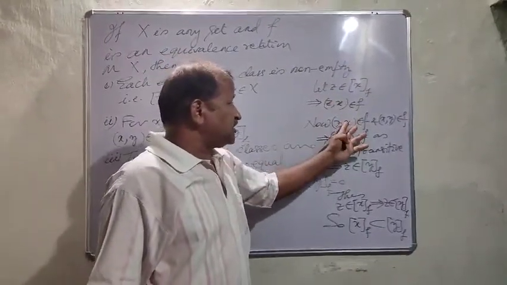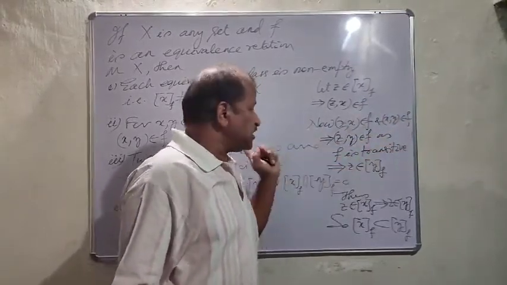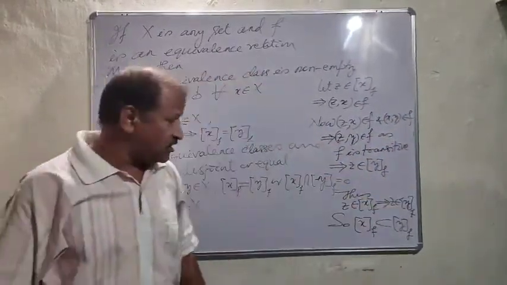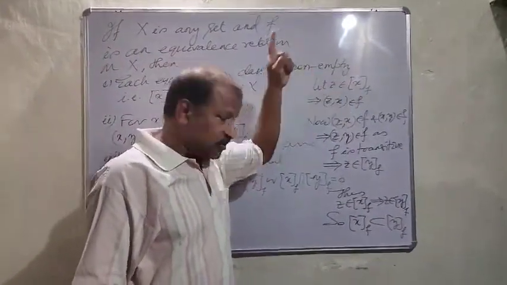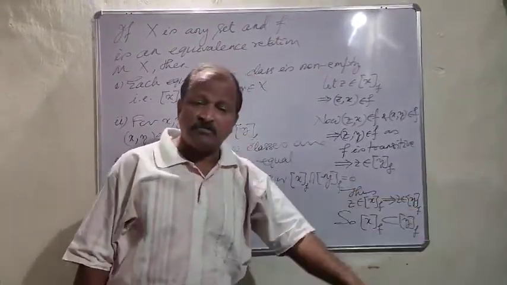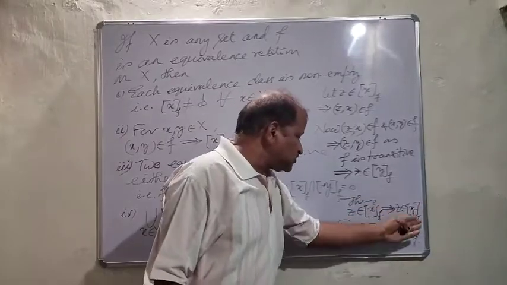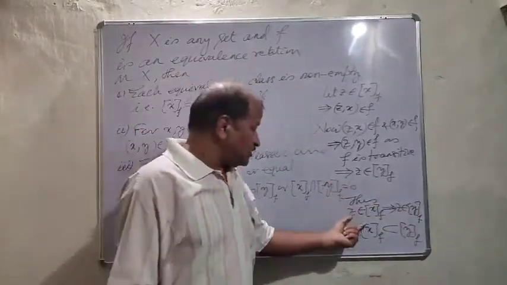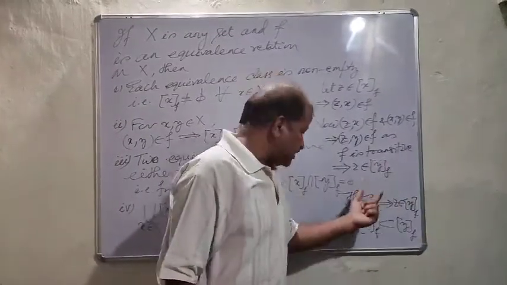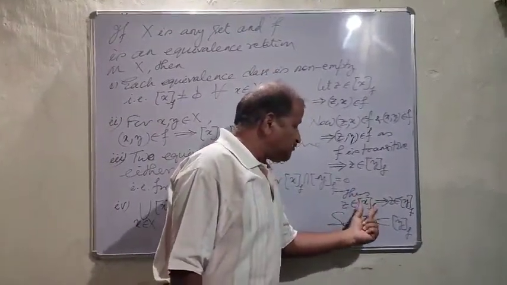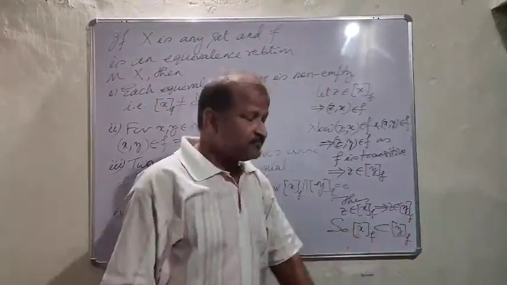Now Z is related to X, and by hypothesis X is related to Y. So Z must be related to Y. That means Z is in the equivalence class of Y. So whenever Z is an element of the equivalence class of X, it must be an element of the equivalence class of Y. So this is a subset of this, because an element is here implies it is also here. Each and every element of this set is an element of this set, so it is a subset of that.